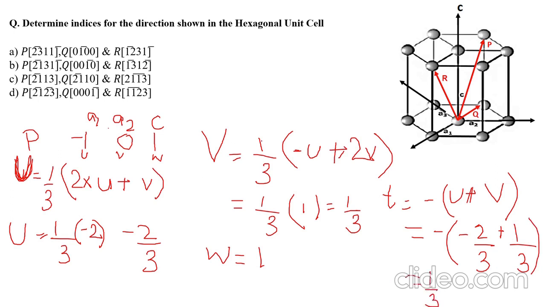So now what are the coordinates we have? We have U, which is minus 2 by 3, V, which is 1 by 3, T, which is 1 by 3 again, and W, which is 1. So taking the common factors, we can say it is minus 2 1 1 and 3.